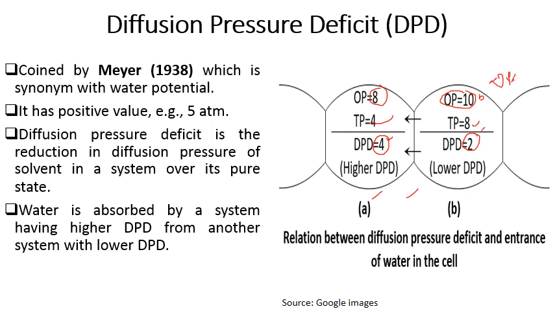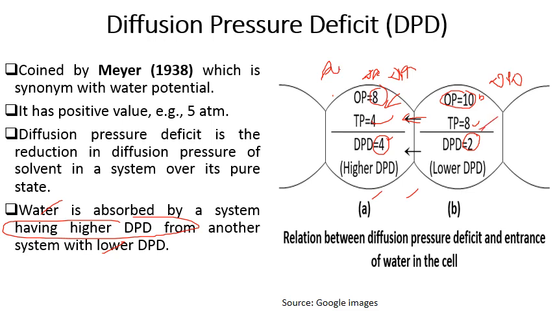So here the value of DPD is less and here the value of DPD is more. So here the deficiency is more, the diffusion pressure deficit is more, so water will move from cell B to cell A. So this explains that water is absorbed by a system having higher DPD from another cell with lower DPD.